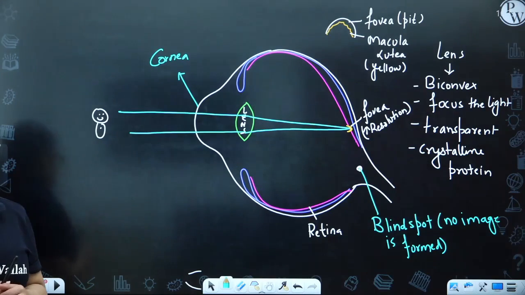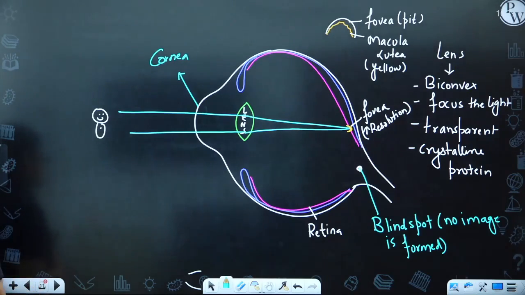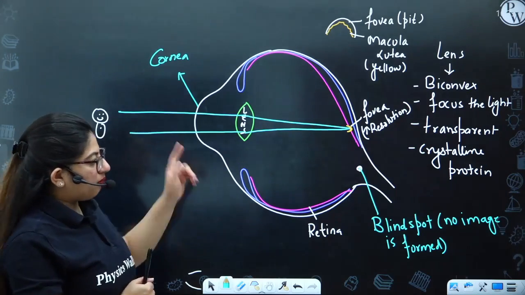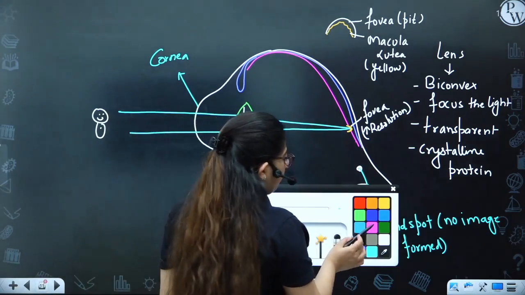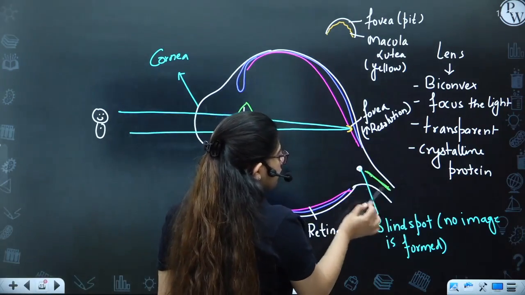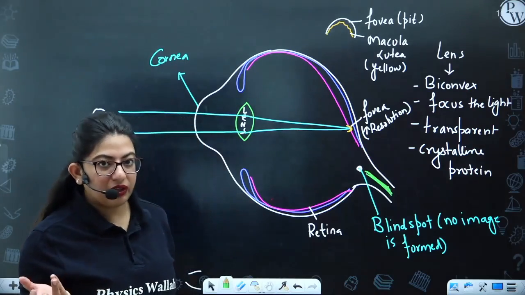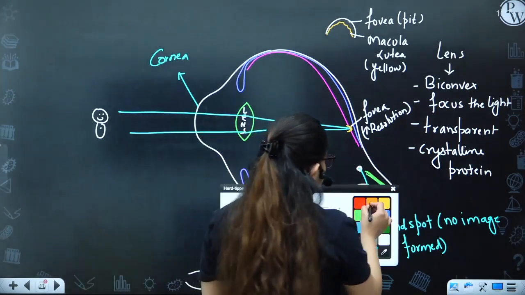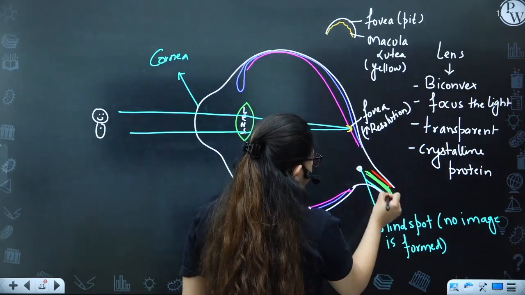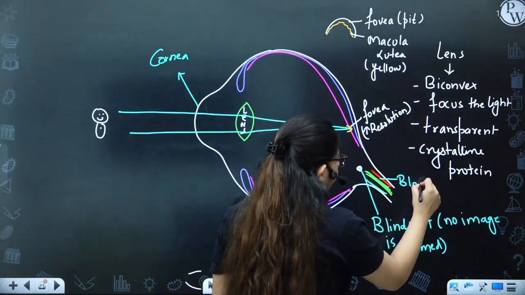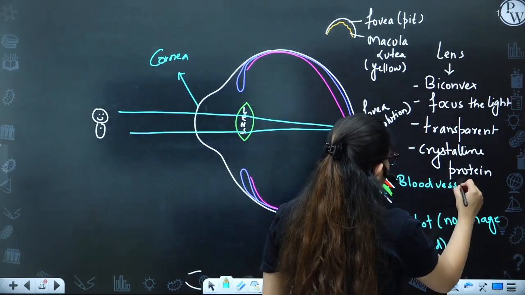But from the blind spot, the optic nerve will leave the eye and blood vessels will enter. Because it's a sense organ, it will be innervated by nerves. Here the optic nerve will leave and blood vessels will enter like this. So this is the blood vessel and this is the optic nerve.